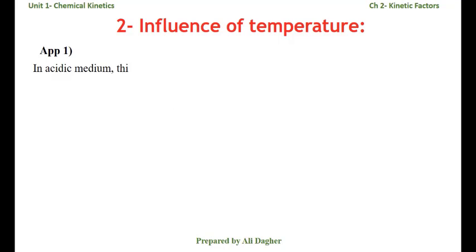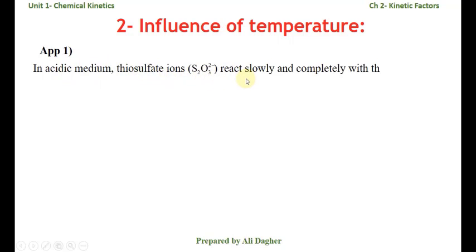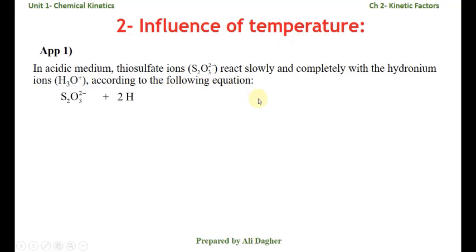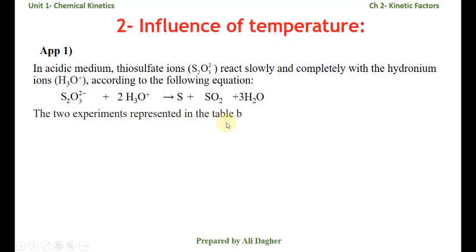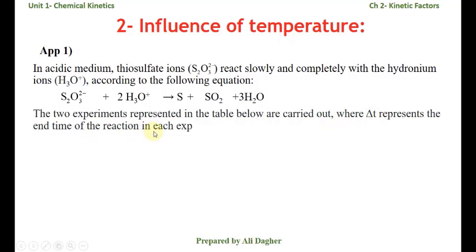Application 1. In acidic medium, thiosulfate ions S2O3 2- react slowly and completely with hydronium ions H3O+ according to the following equation: S2O3 2- plus 2H3O+ give S solid and SO2 plus 3H2O. The two experiments represented in the table below are carried out, where delta t represents the end time of the reaction in each experiment.